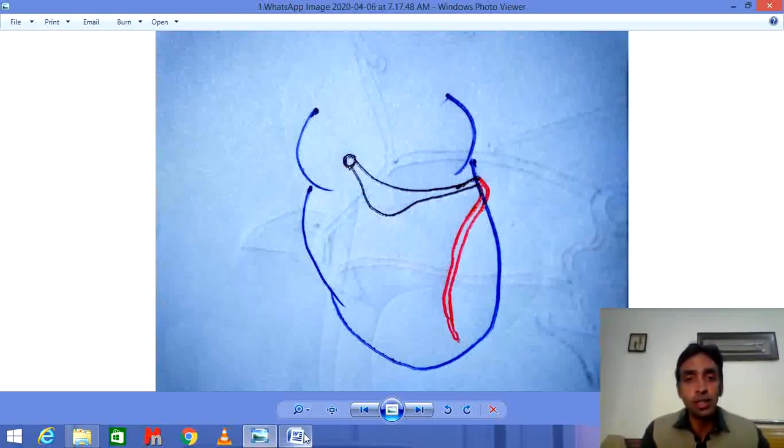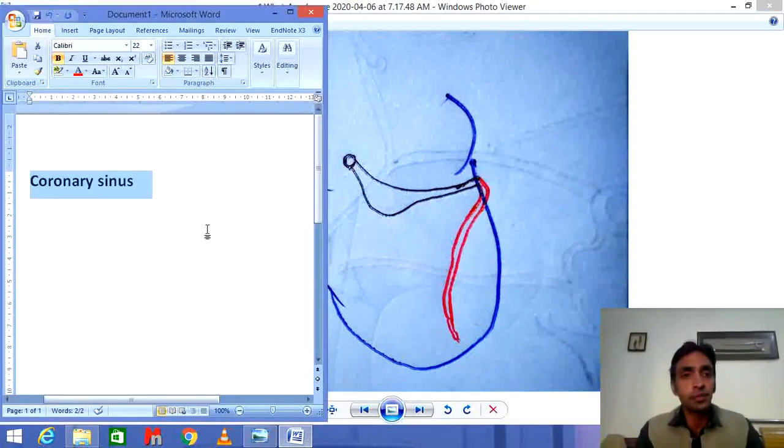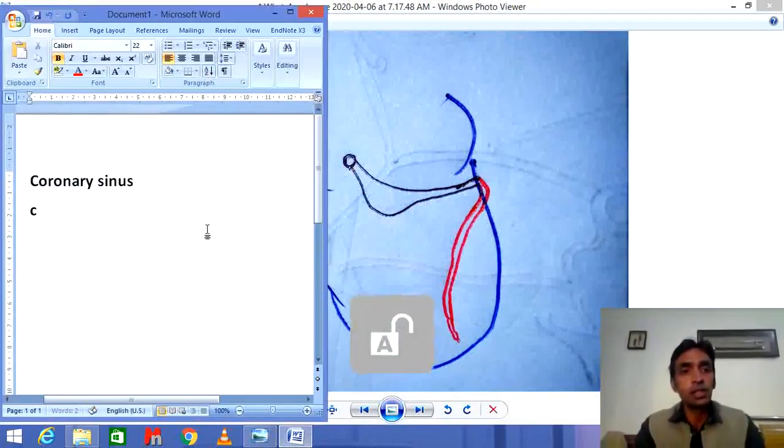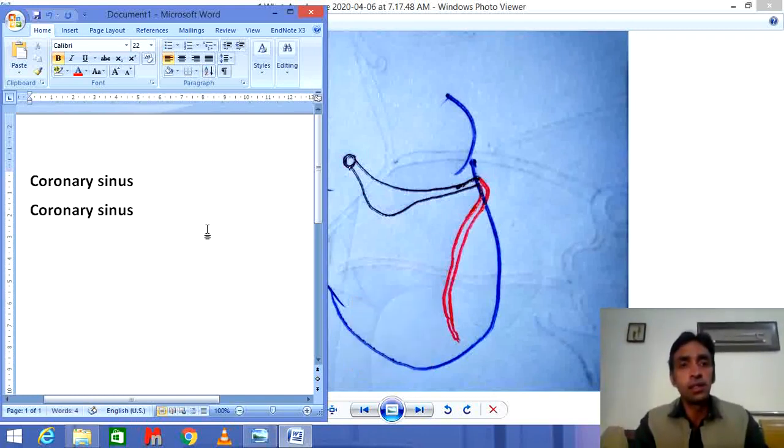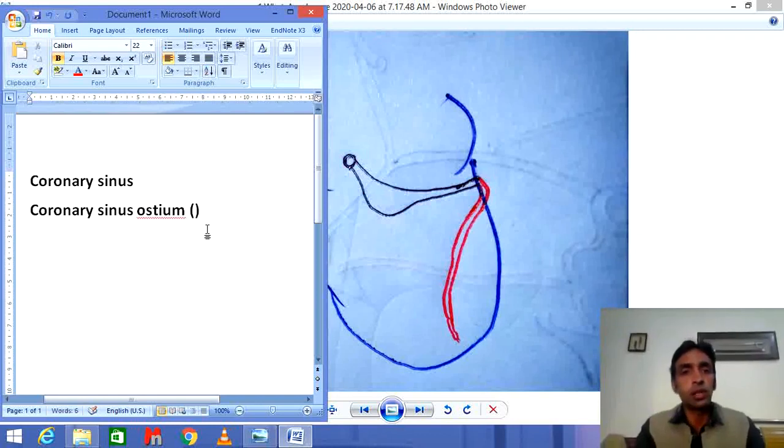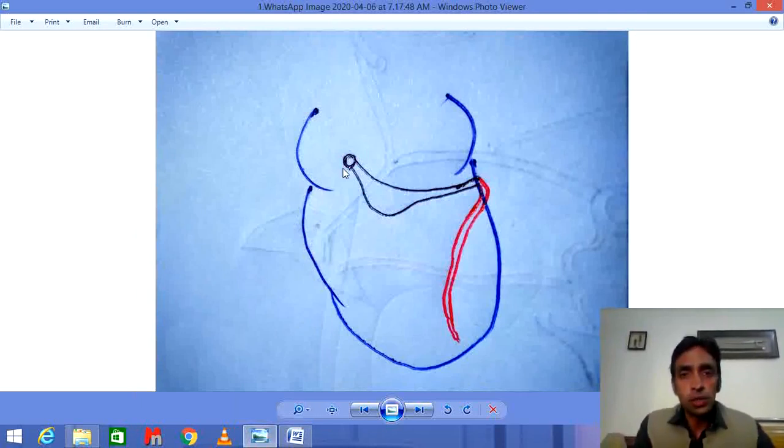This opening is called coronary sinus ostium, or you can also call it coronary sinus orifice, but the exact word is coronary sinus ostium. Okay, so that is the coronary sinus ostium.